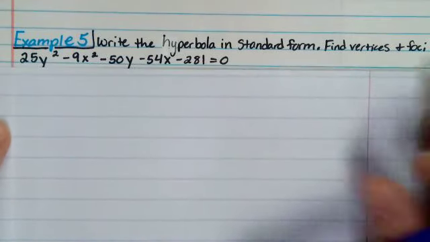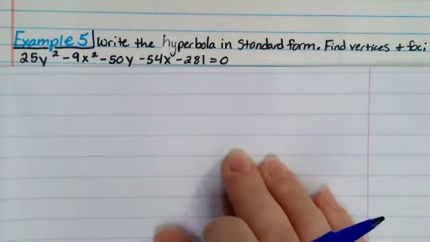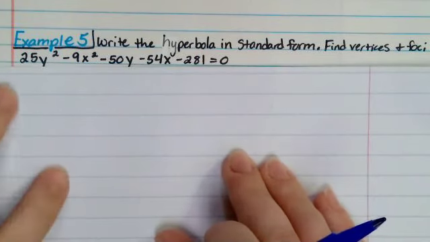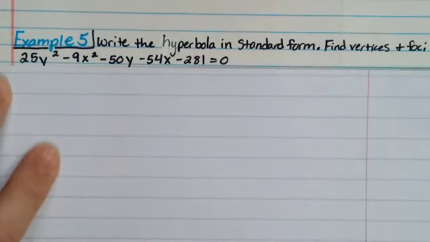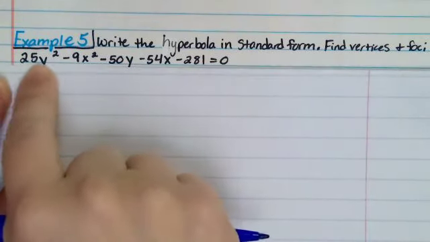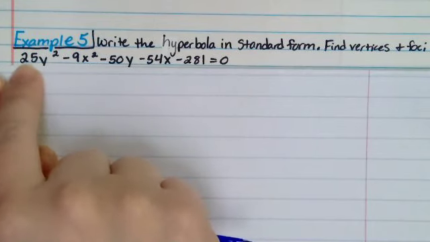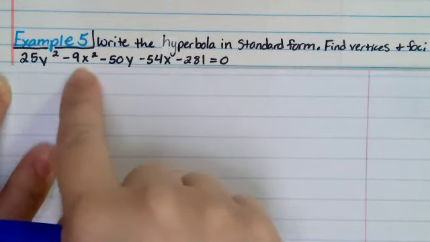So let's just go on a little journey here. Okay, first things first, I'm going to rearrange this so that I see my x's together, my y's together. Now, here's how I decide what to put first from the beginning. Do you see how the y squared term is positive, but the x squared term is negative?